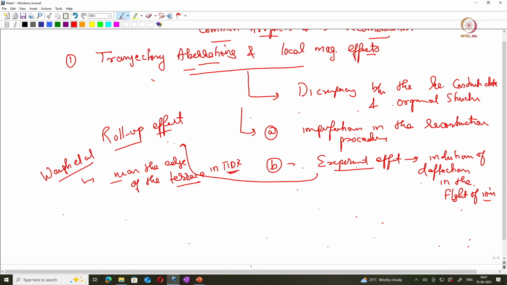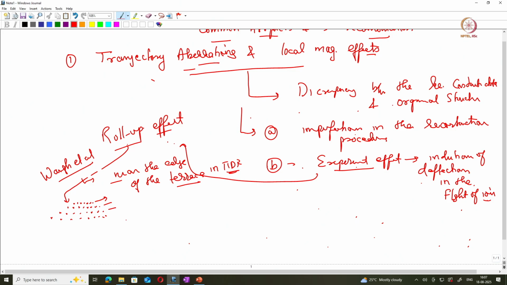Okay, so if you have a needle specimen which has a series of atoms, and these are the terraces: first terrace, second terrace, third terrace, fourth terrace, and usually the roll-up happens at the edge of these terraces.